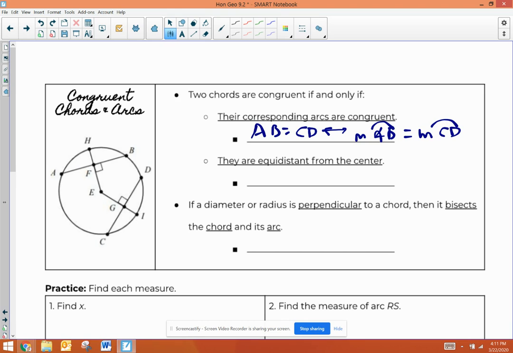And as long as they are equidistant from the center. So these two chords, AB and CD, are congruent if and only if they're equidistant from the center. So that's here, as long as EF equals EG.